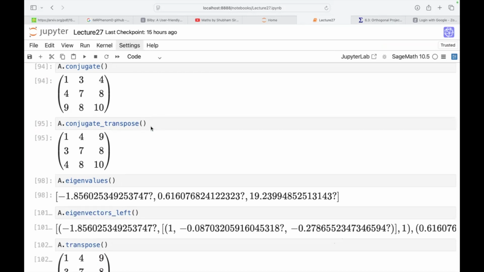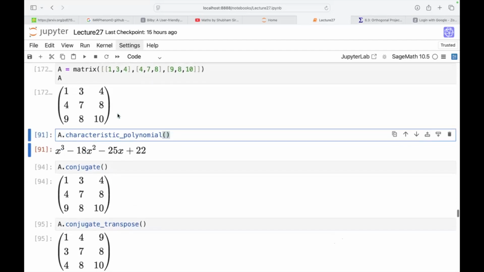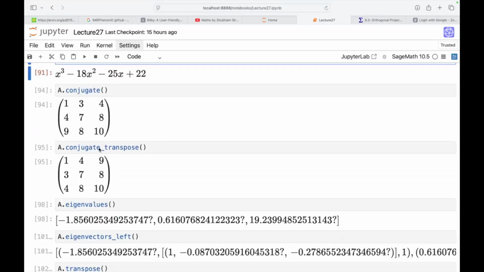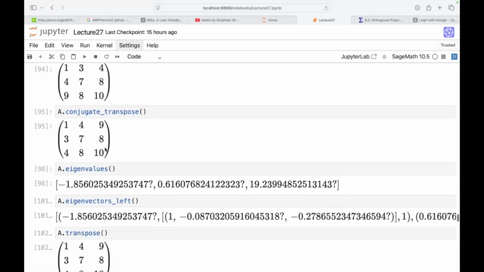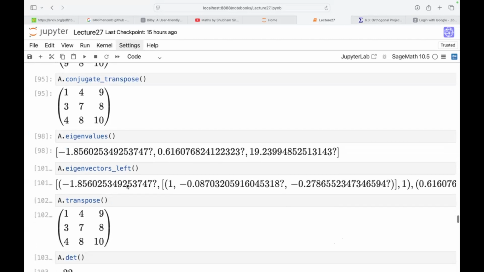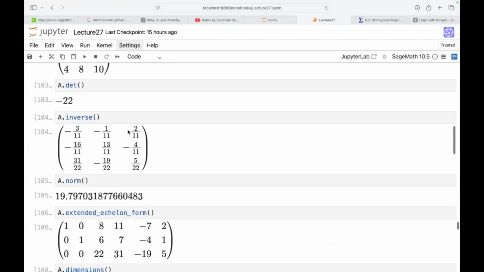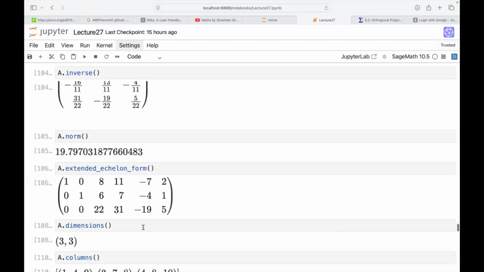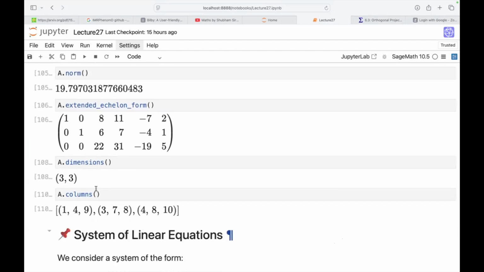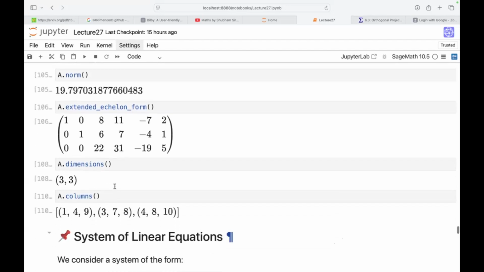Okay, A dot conjugate transpose. So, rational to rational, any complex conjugate polynomial is directly conjugate transpose into the transpose. So that value and also the eigenvalue are defined, A dot eigenvalue, and the eigenvector the left and also the A transpose is the same value. And determinant is also defined, and A inverse and the norm, and the dimension in the column also defined.